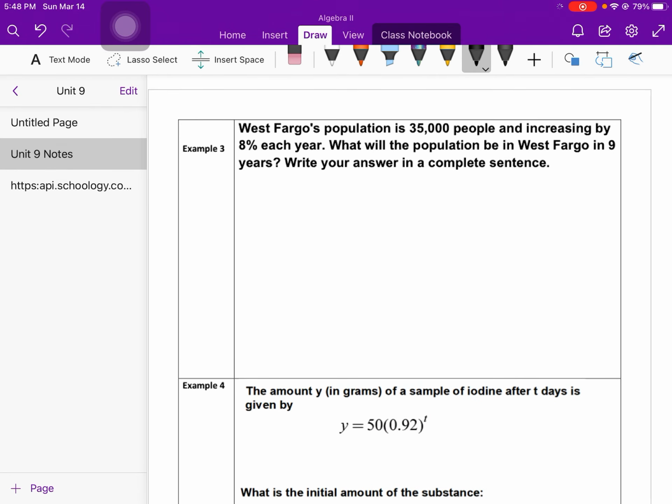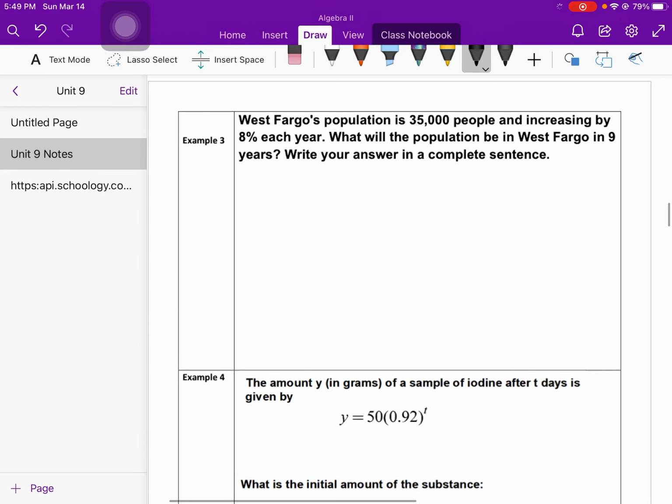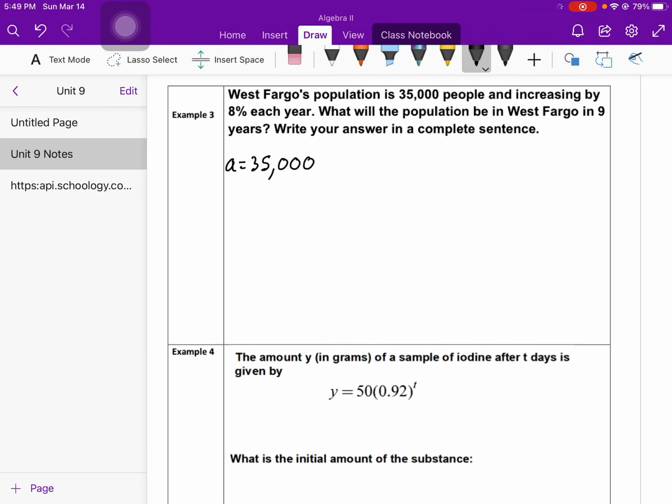All right, here's the next one. West Fargo's population is 35,000 people and increasing by 8% each year. What will the population be in West Fargo in 9 years? And then we're just going to skip out on the complete sentences for this one. So our A is 35,000. We are increasing, so this is the growth formula.